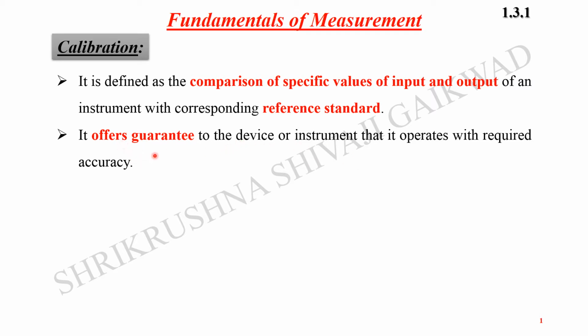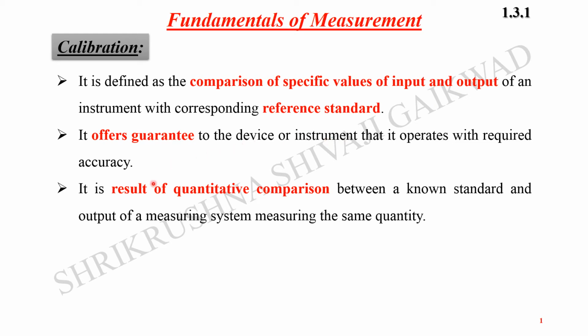So this calibration offers the guarantee that the device or the instrument operates with the required accuracy, as mentioned earlier. It should give us the guarantee that it is a very accurate and precise kind of calibration.